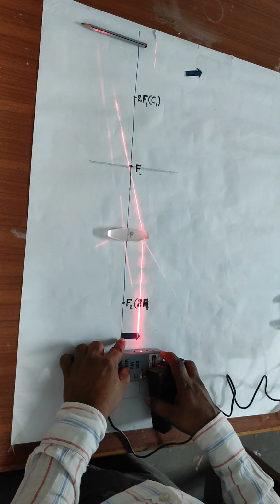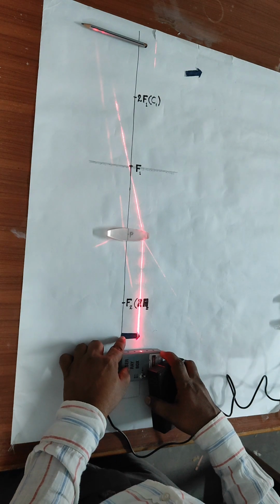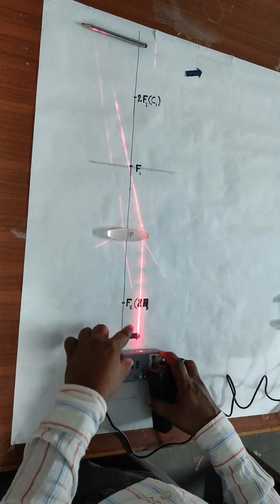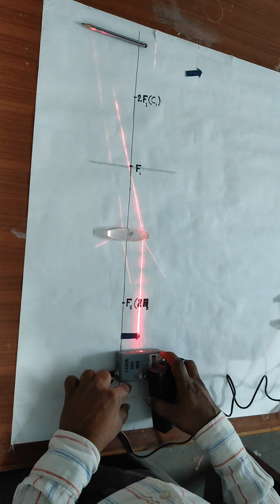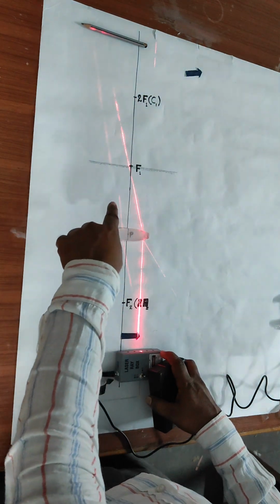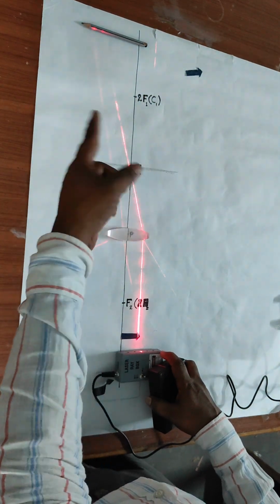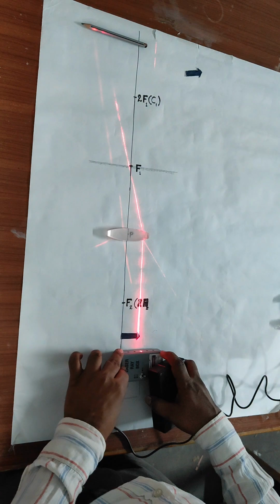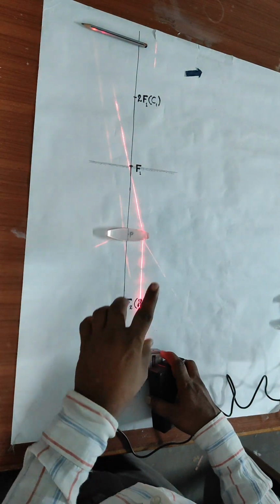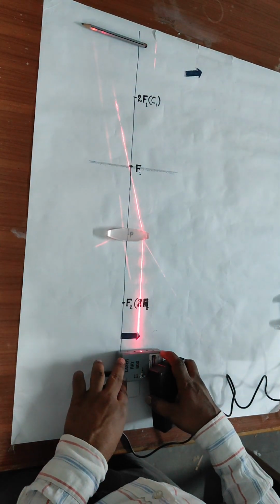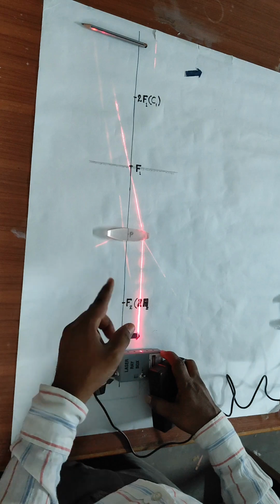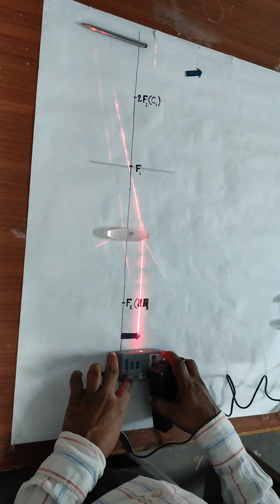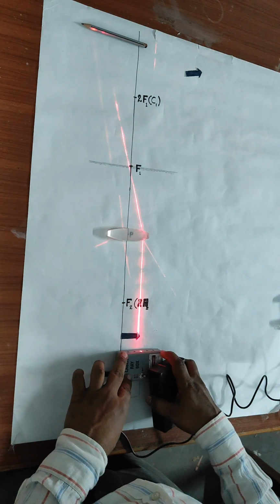When the object is placed between focus and center of curvature, the refracted rays converge beyond the center of curvature. So there the image will be formed. That image will be larger than the object, inverted and real.